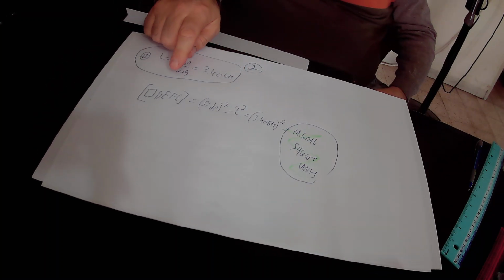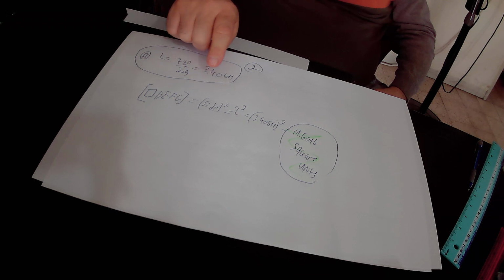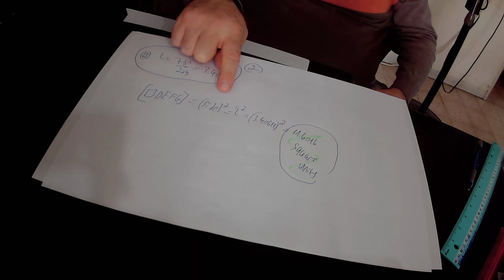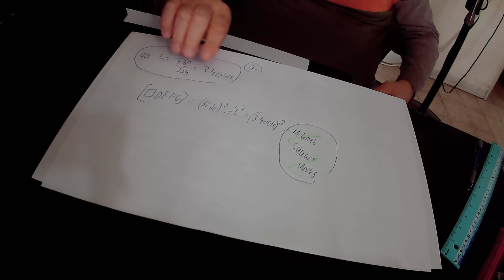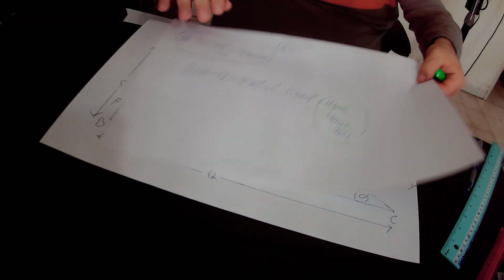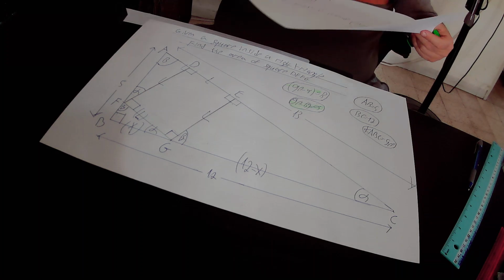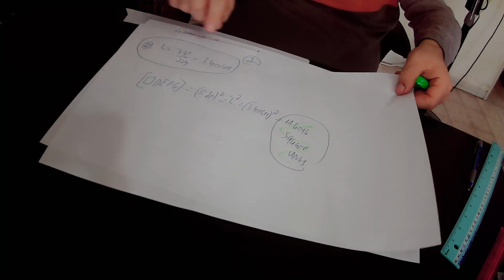The area of any square is equal to the side squared, the length of one side squared. And we know that the length of one side of this square is L, therefore the side squared is L squared.